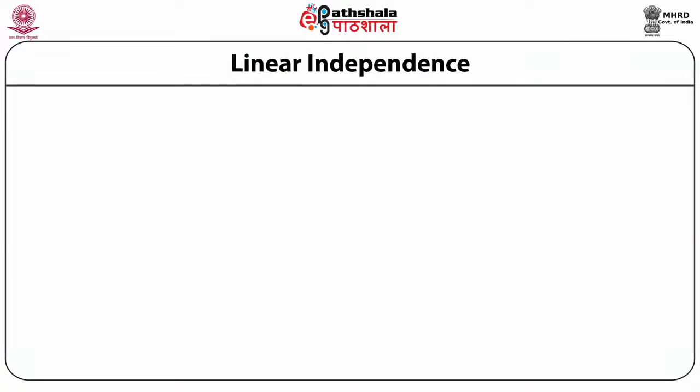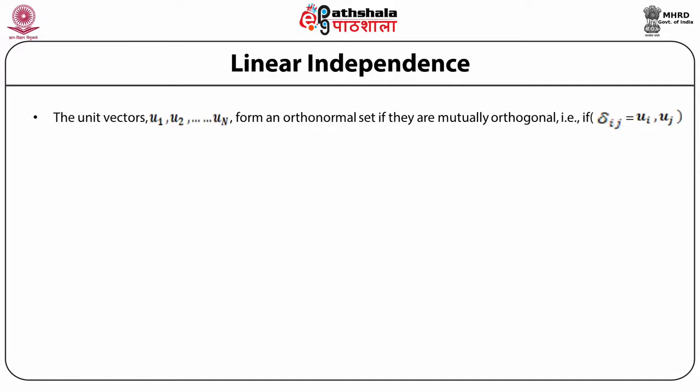Linear independence. Now we will discuss what is meant by linear independence and how this condition is obtained. For this, let us consider unit vectors u1, u2 and so on till un that form an orthonormal set. That means that they form an orthonormal set if they are mutually orthogonal.